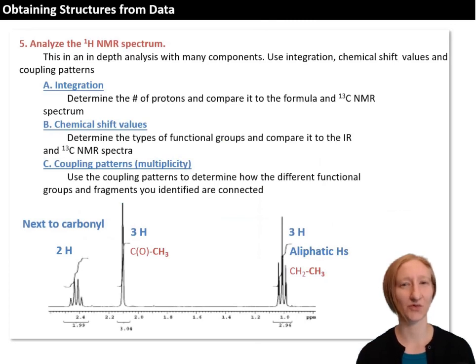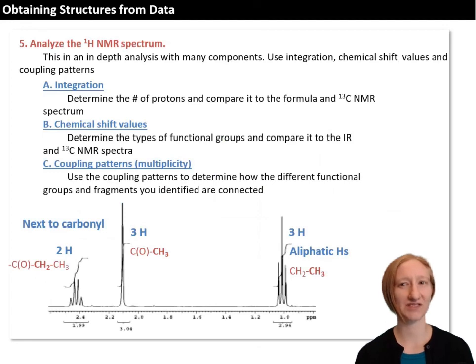The last peak is a quartet, meaning that it's next to 3 other hydrogens. The integration of 2 tells me that it's a CH2 group, and the multiplicity tells me it's next to a CH3 group. The chemical shift tells me it's also next to an X group, so I can draw this partial structure where the CH2 is between a carbonyl and a methyl group.